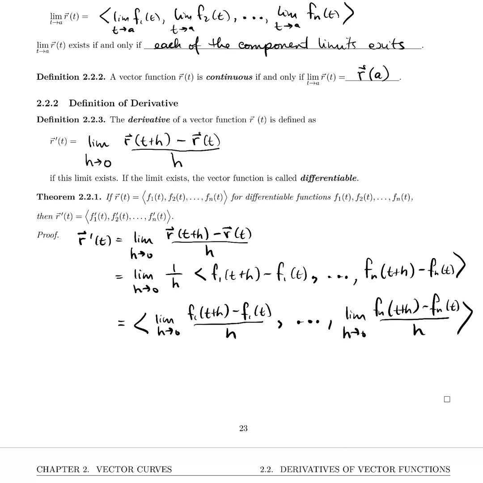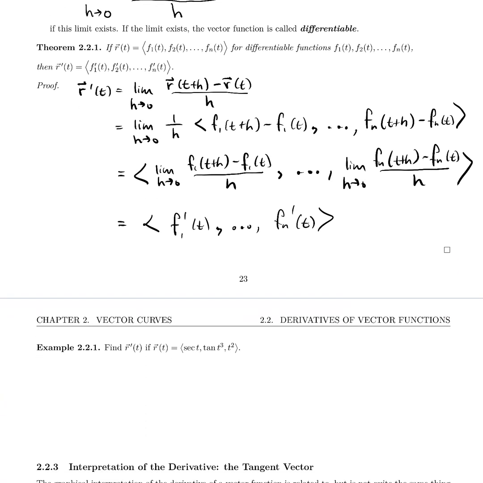Now these functions are differentiable, which means that each of these limits exist because they are the derivative limit and they are equal to the derivative of those component functions. So we have f sub 1 prime of t all the way up to f sub n prime of t, and that is exactly what we were asked to show.